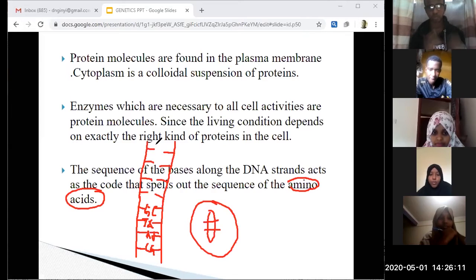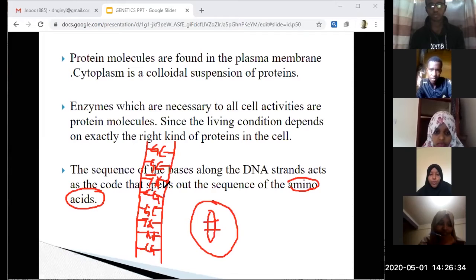So if this is guanine, that is cytosine. If this is guanine, again, cytosine. If that is thymine, adenine. If this is cytosine, this is guanine. Now, assuming that what I have drawn here is a small portion of the DNA molecule and representing a gene.